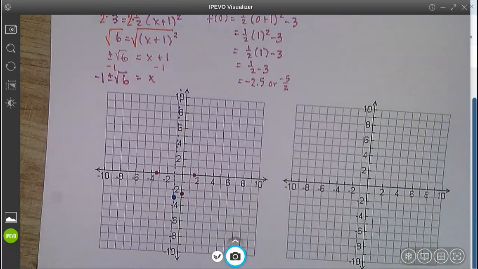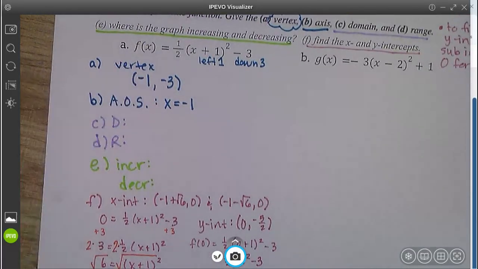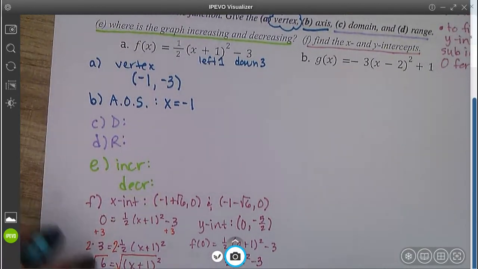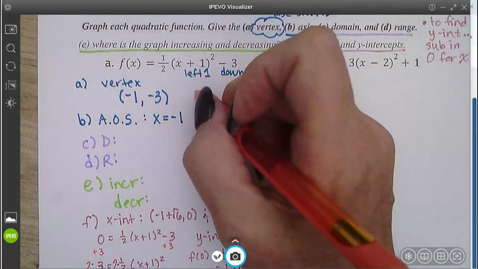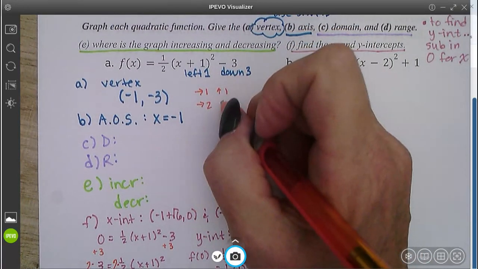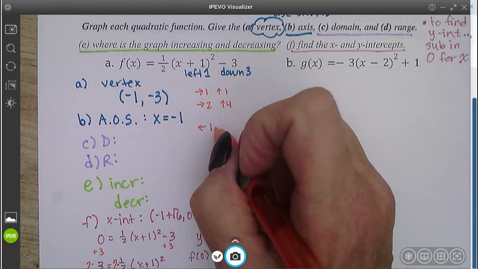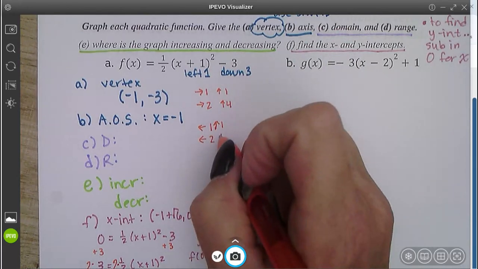Now to get the graph, I can use the growing pattern. Once I have the vertex, I could have graphed this without finding anything else by using the pattern. The pattern goes over 1, up 1, over 2, up 4, and then also left 1, up 1, left 2, up 4.